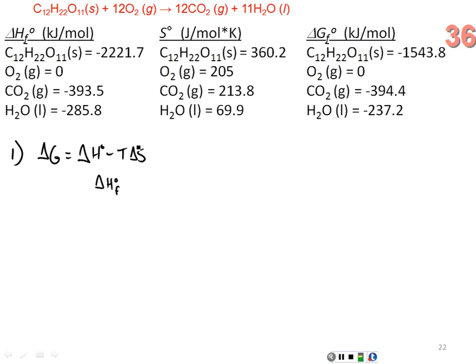So these are standard states. We're doing it at room temperature, which is standard state. So delta H is going to be, again, the sum of the enthalpies of formation of the products minus enthalpies of formation of the reactants.